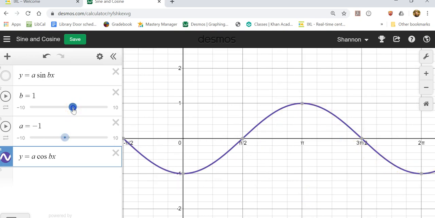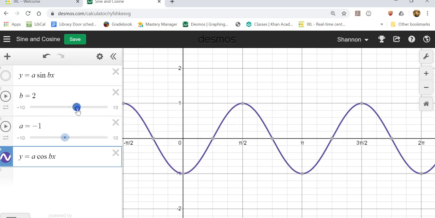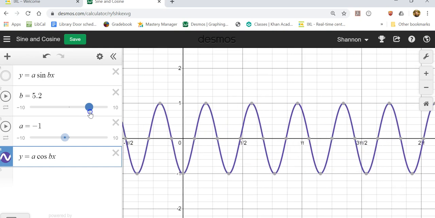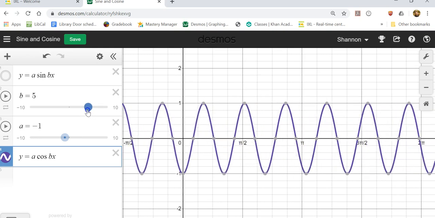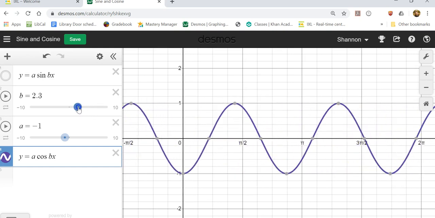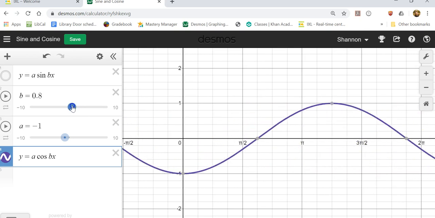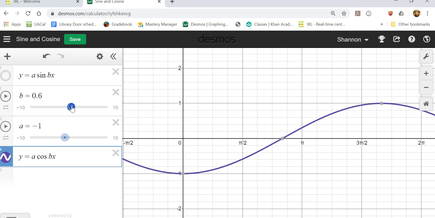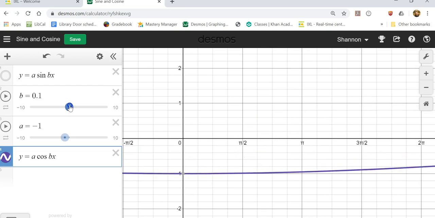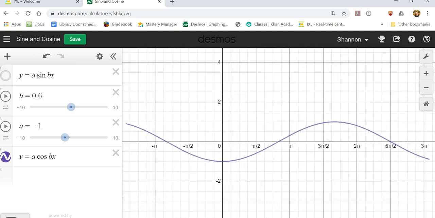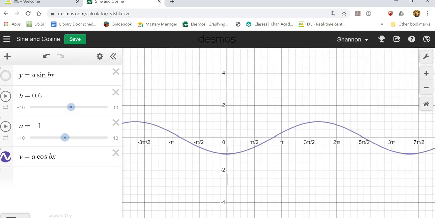And then if I change my b value, it kind of smushes it together, right? As the b value gets larger, the graph gets more smushed. As b gets smaller, it starts to stretch out. Now only up until a certain point, because when I get to 0, again, it flattens out because the whole function goes away. All right? So it starts to stretch, and we can expand the graph a little bit.